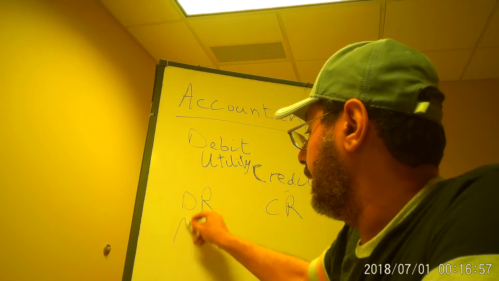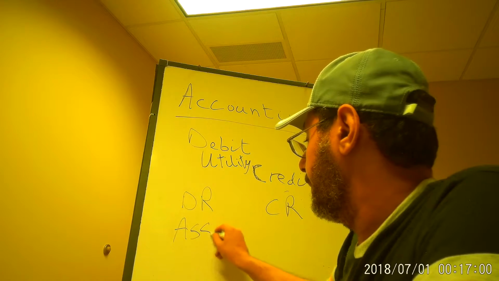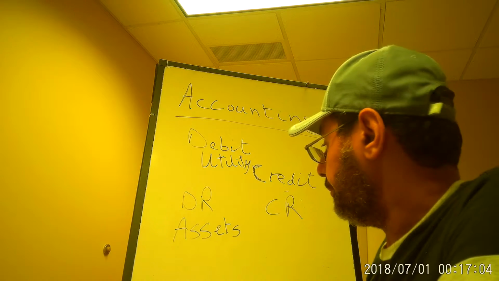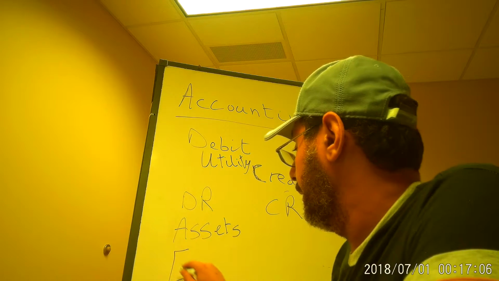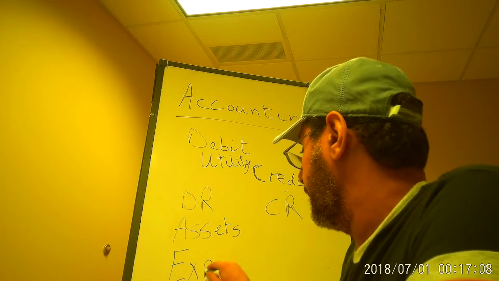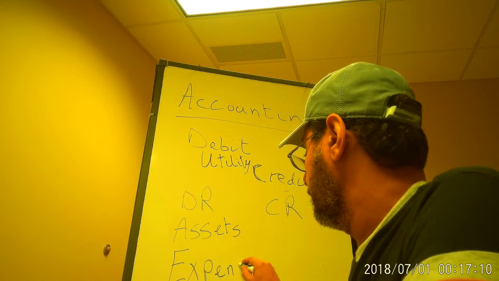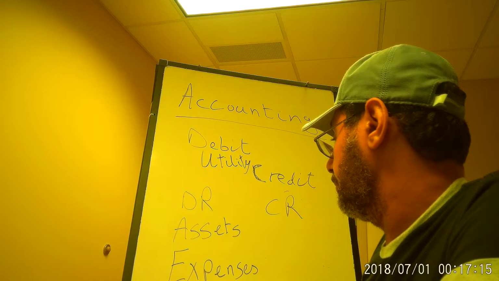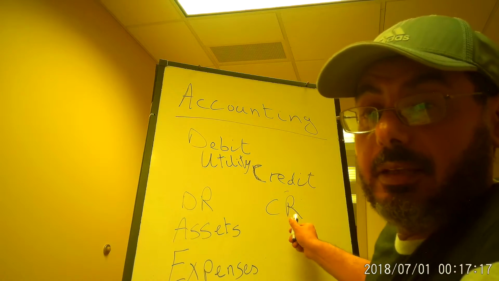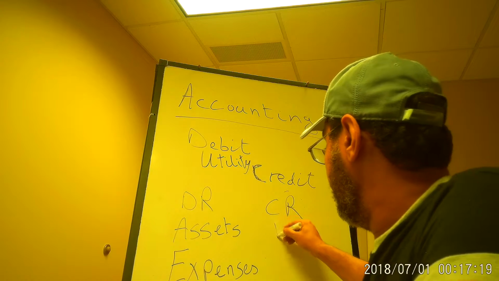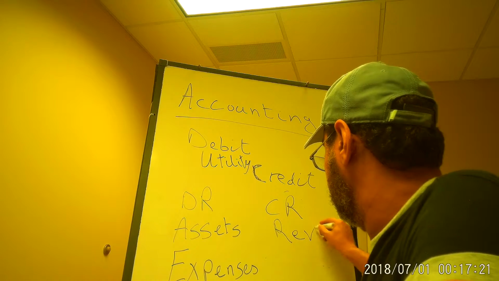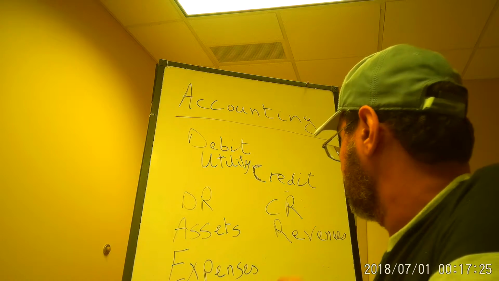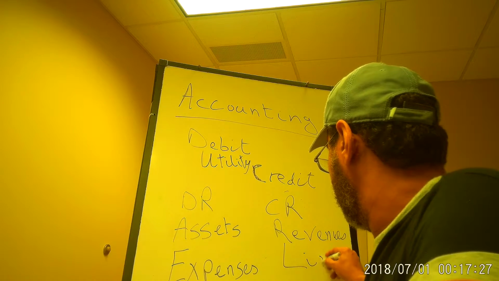We got the assets and expenses. Credits, revenues, and liabilities.